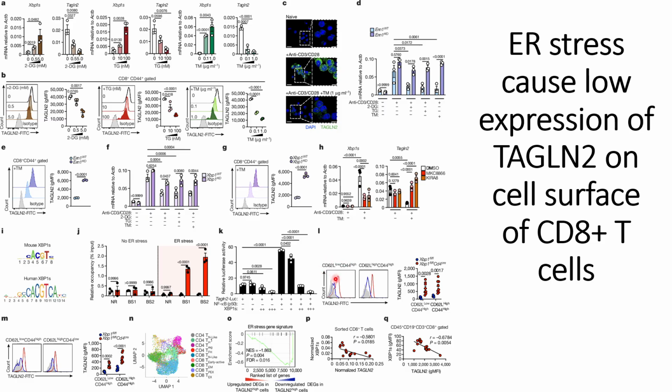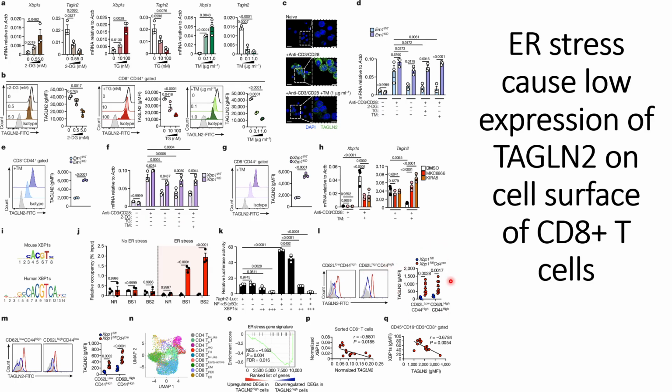That is, in the case of the CD62 low and CD44 high cells, they see high expression of this TAGLN2 when XBP1 has been knocked out using CD4 Cre. And similar results they have observed for the CD62 high and CD44 high cells.